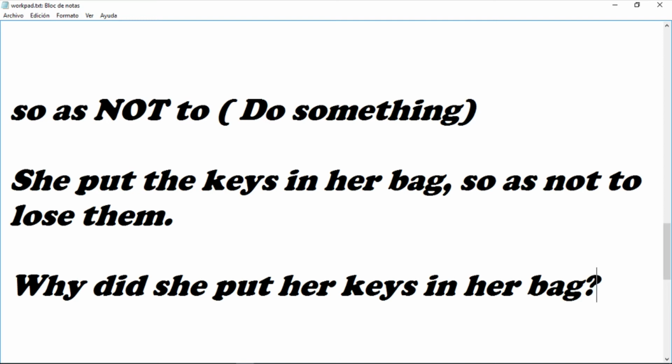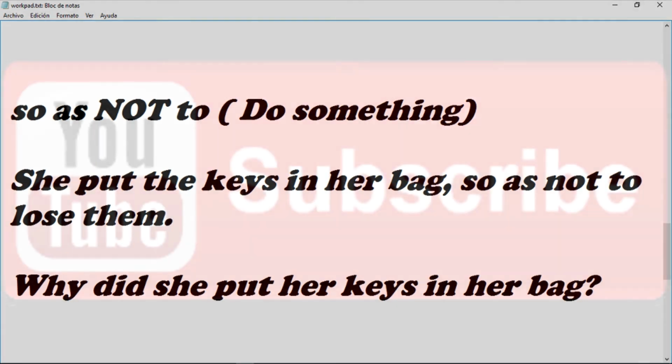Very important, these words. In order to do something, in order not to do something, so as to do something, so as not to do something. This is very short, very brief. It's just an introduction. It's just something to get you thinking and work on it. It will be very helpful and useful for you. Thank you very much.